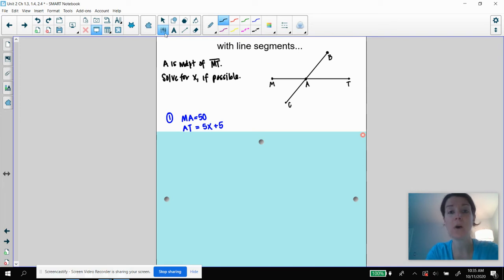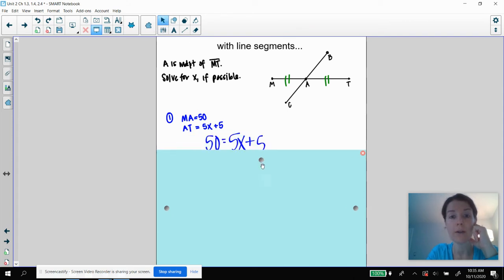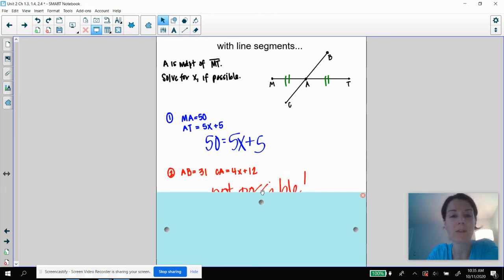All right, we're back. So this is super important. I know that A is the midpoint of MT, so I know this is congruent to this guy. So hopefully when you set up your equation, all you did was set them equal to each other, 50 equals 5x plus 5, and then you solved for x. All right, next one, try this one.